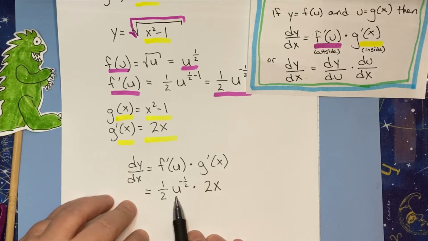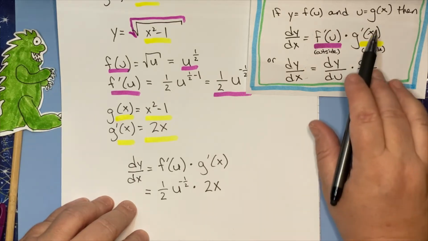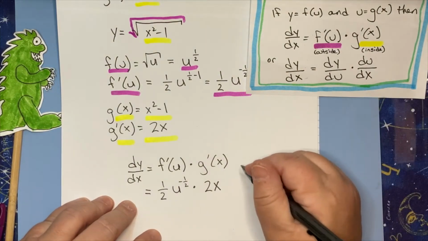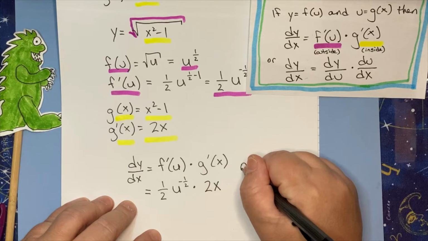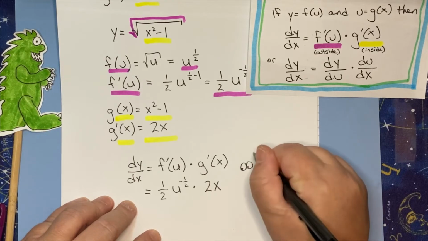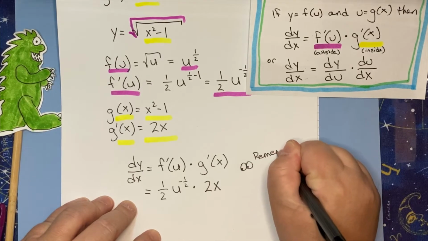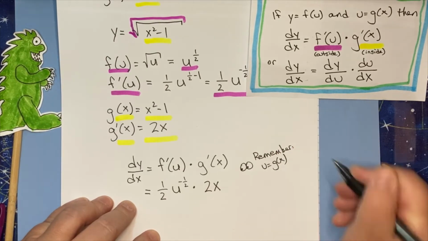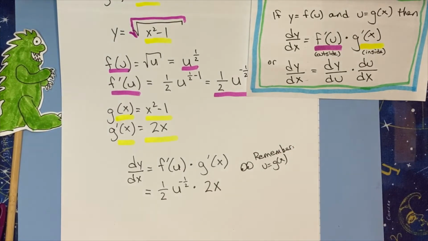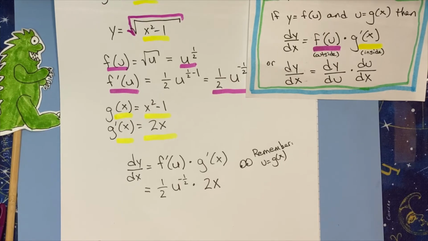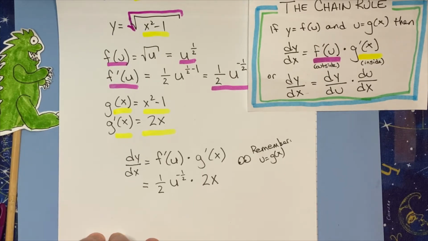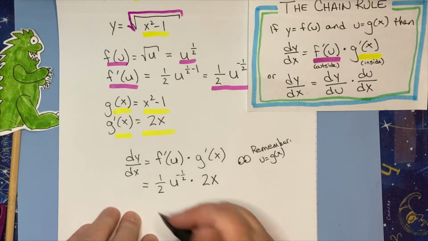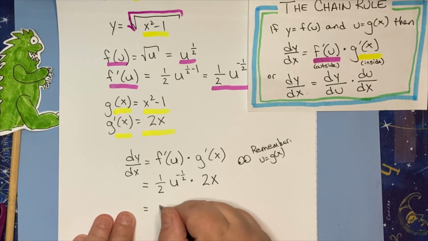But u equals g of x. U is just a fancy letter that's going to sit there and take the place of g of x, so it doesn't all get too confusing. I know, you're all thinking, could it be more confusing? Trust me, it could. It always could.